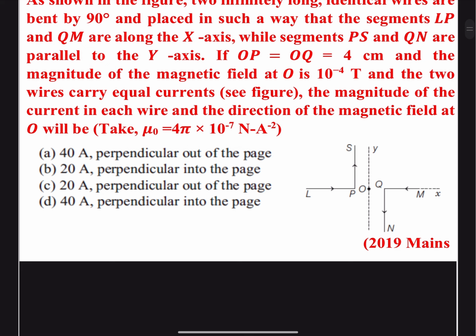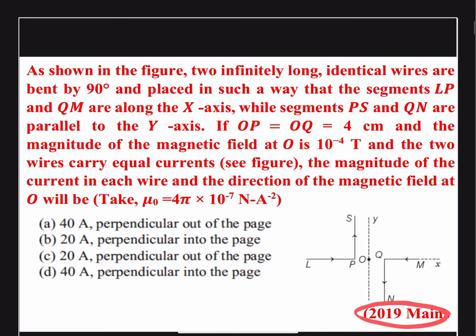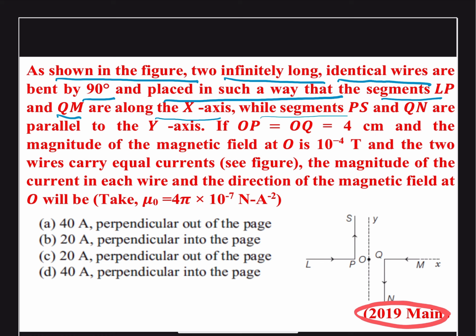It was also asked in the 2019 mains, and it states that as shown in figure, two infinitely long identical wires are bent 90 degrees and placed in such a way that the segments LP and QM are along the x-axis, while the segments PS and QN are parallel to the y-axis.